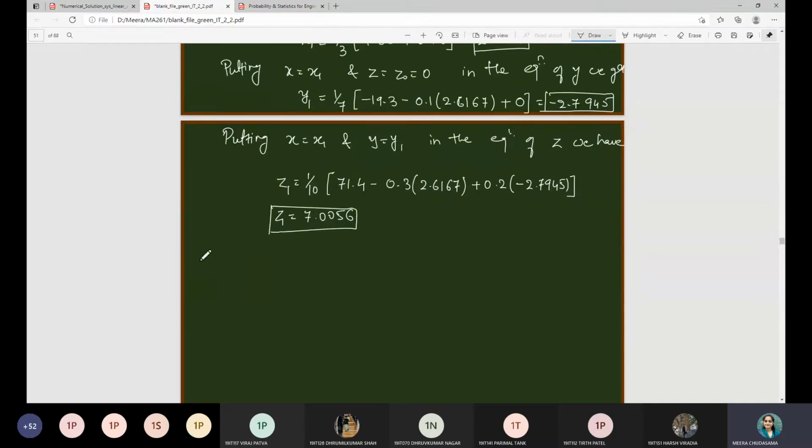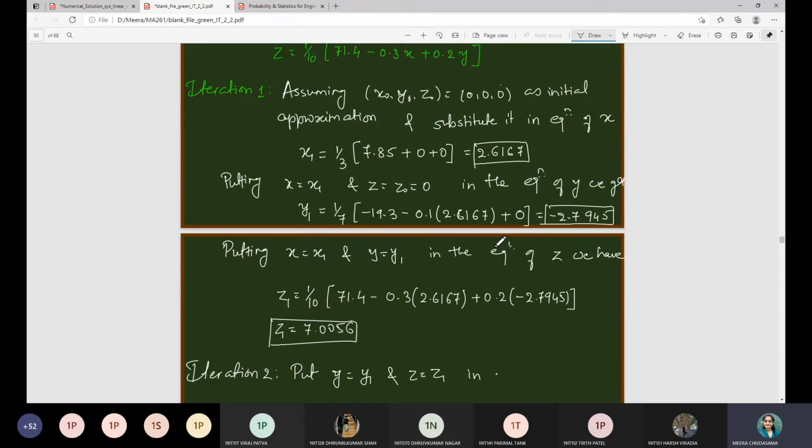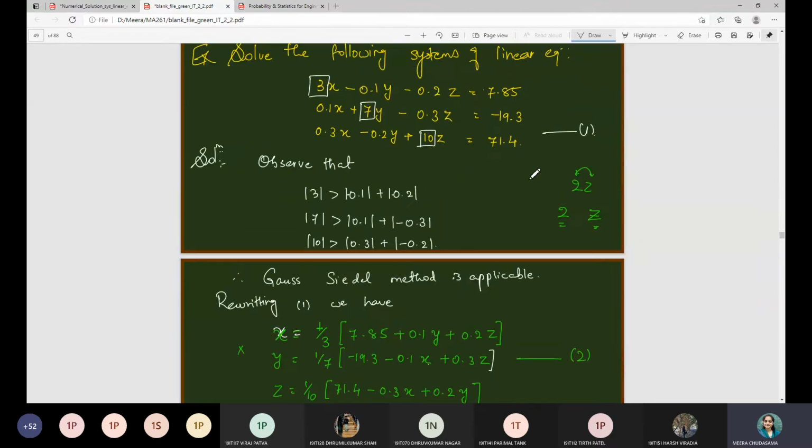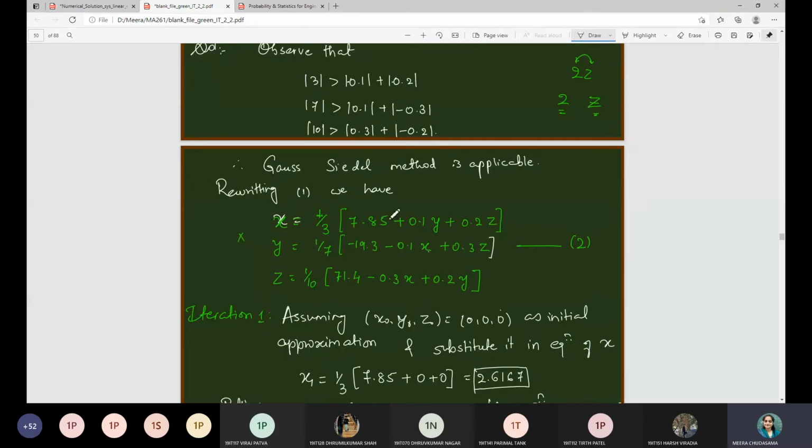So now we are going to consider iteration 2. So in the iteration 2, what we have to do, we have to put y is equal to y1 and z is equal to z1. आप अगर हर बार इक्वेशन ऑफ z y ऐसा नहीं लिखना चाहते हो तो यू कैन गिव दिस एज 1 2 3 सेपरेटली ऑल्सो, so that you can directly write down this answer.